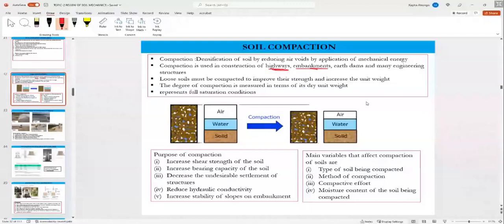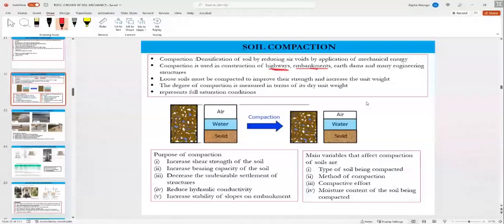Yeah, hydraulic conductivity, yes, we want to reduce the conductivity because we want to avoid seepage through the dam. And we also want to increase the shear strength of the system.